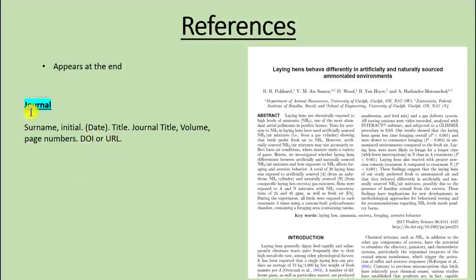So let's do the referencing of this paper. To reference this paper, what you should do is Pockrell, that is the first author, comma, B dot, and then comma, then what is the second author? The second author is Dos Santos, comma, V dot M, as you see here.